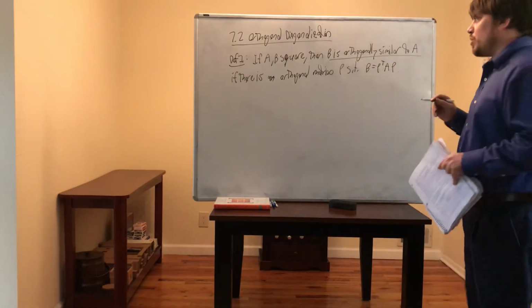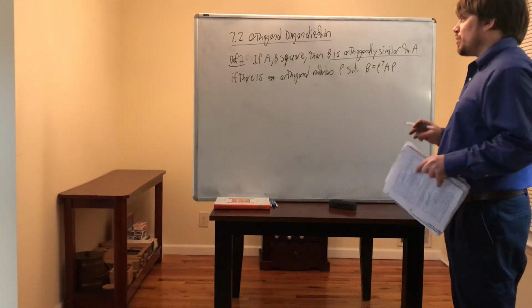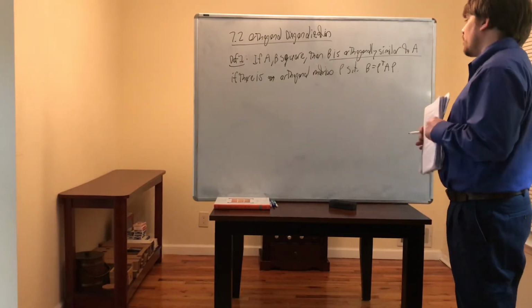Okay, so if A and B are square matrices, then B is orthogonally similar to A if there's an orthogonal matrix P such that B equals P transpose AP.